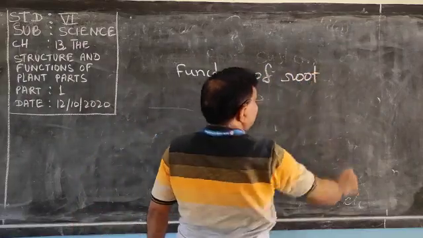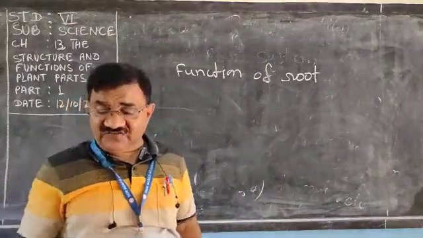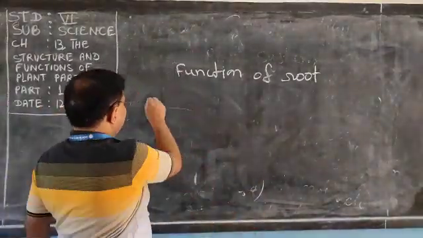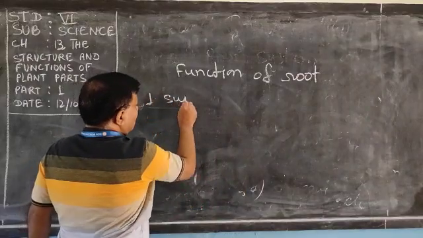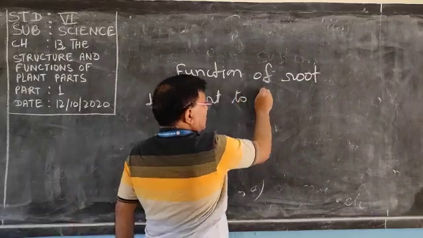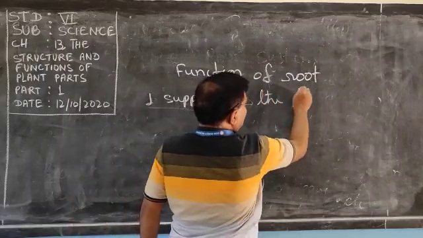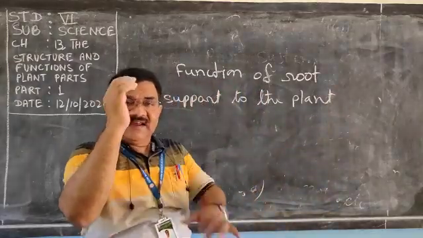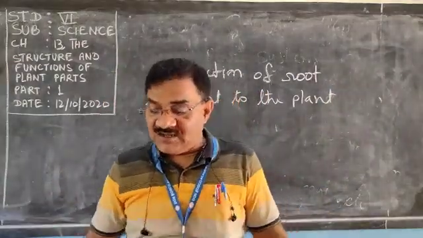Listen, what are the functions of root? It gives support to the plant. If root is not there, the plant will fall down. So the main thing is that it gives support to the plant.